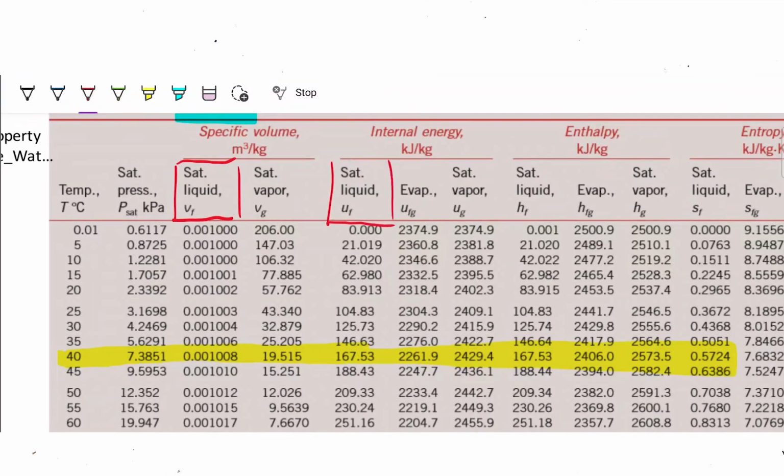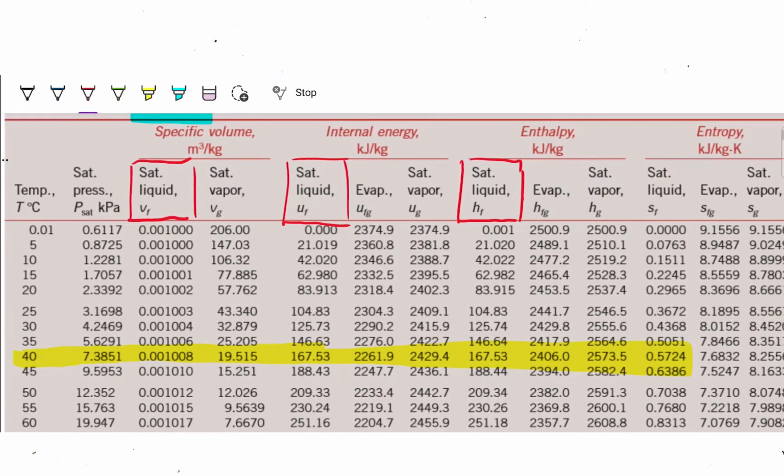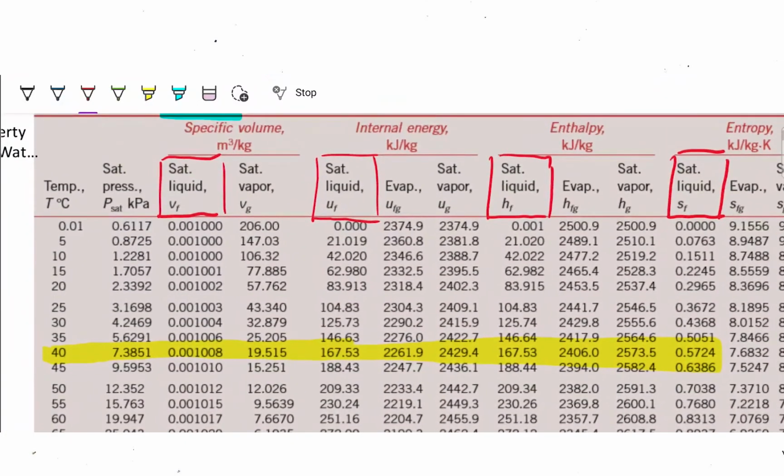This guy here is approximately my internal energy. This guy here is approximately my enthalpy. And this guy here is approximately my entropy. We're doing that because our pressure is not that great, and I'll show you that in practice. So my specific volume, according to my approximation, is 0.001008 meters cubed per kilogram.